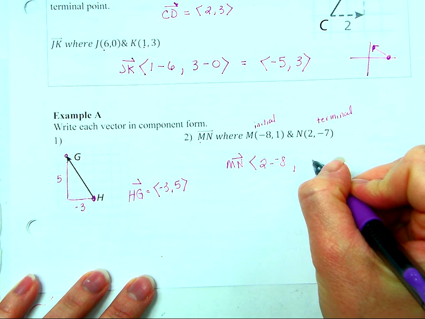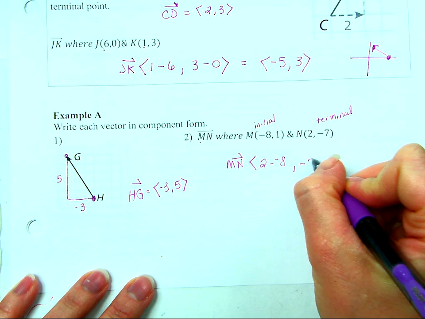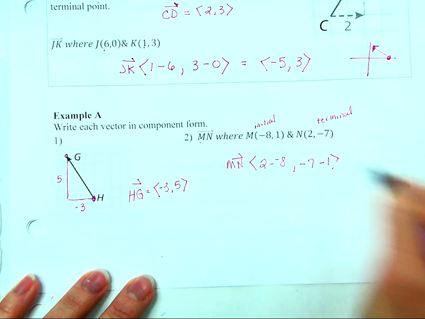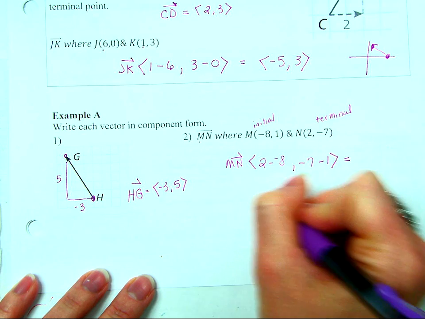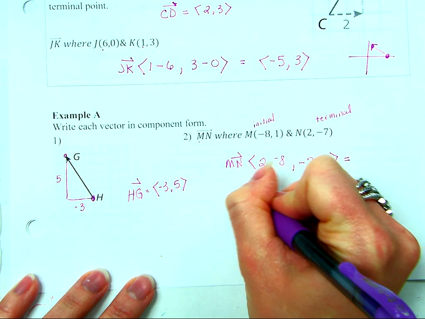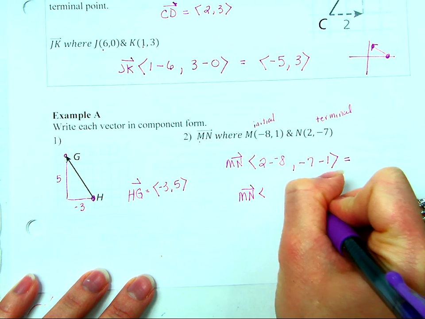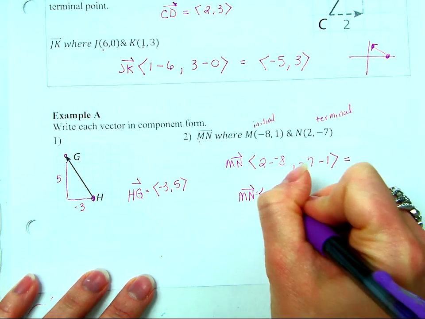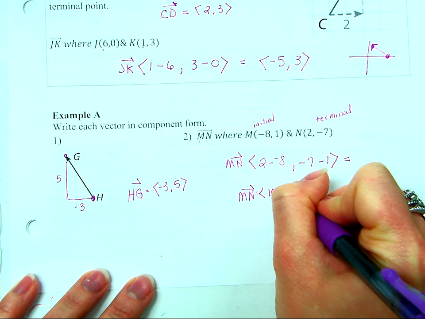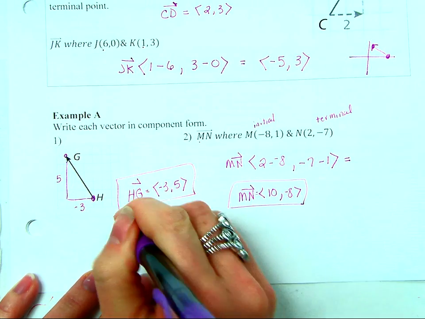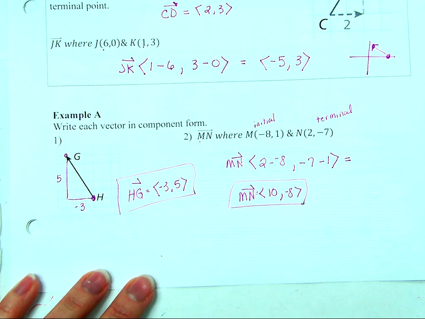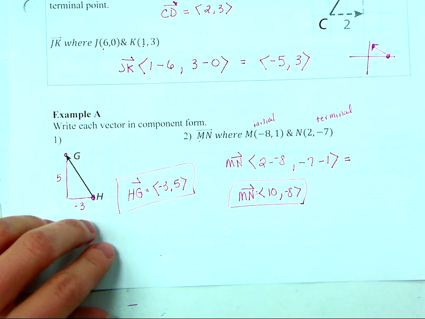I also need my vertical change. I'm going to take -7 minus 1. And we would find, in component form, we would have a change of <10, -8>. So that is how you write a vector in component form.